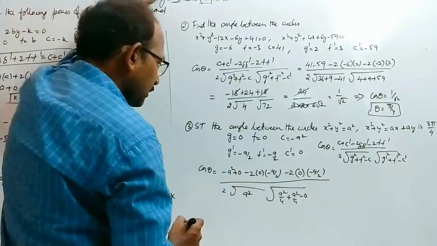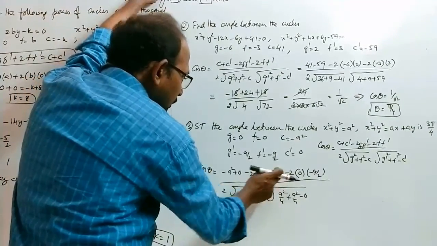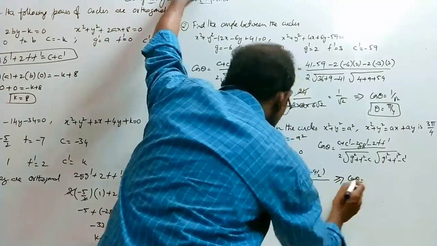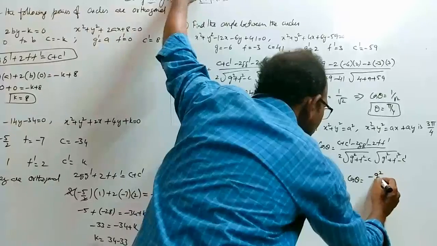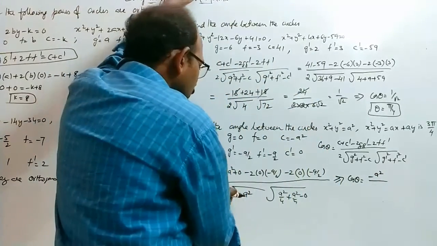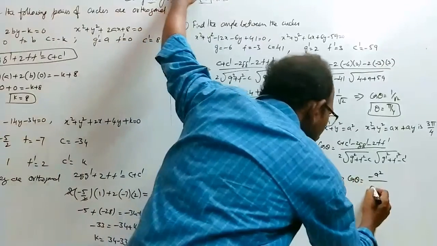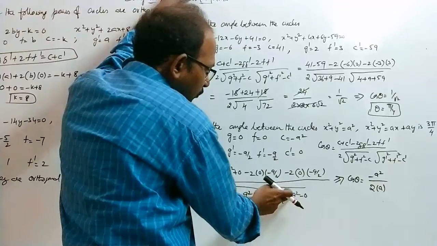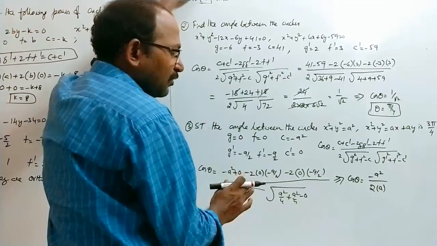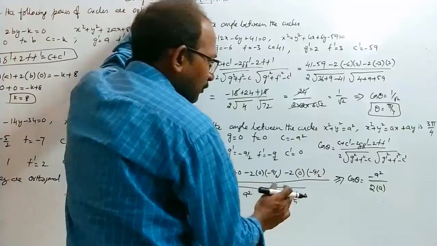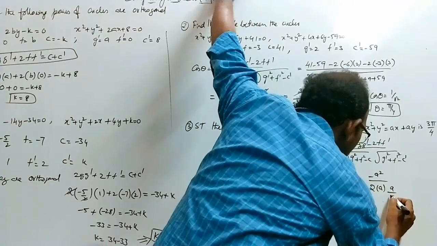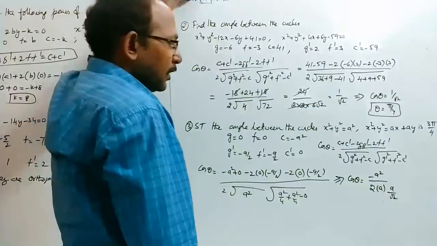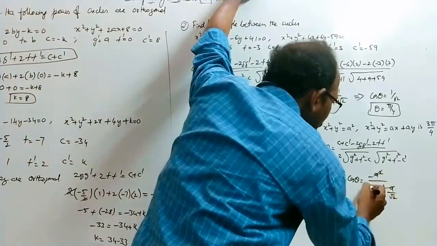Now let us simplify. Here this part 0, this part 0. Simply we are getting, that implies cos theta is equal to numerator is minus A square by, here 2 into root A square is A, 2 into A. Here also let us observe A square by 4 plus A square by 4 is 2A square by 4. 2 2s are 4. Therefore it becomes simply A by root 2. Okay. Then here A square cancelled.